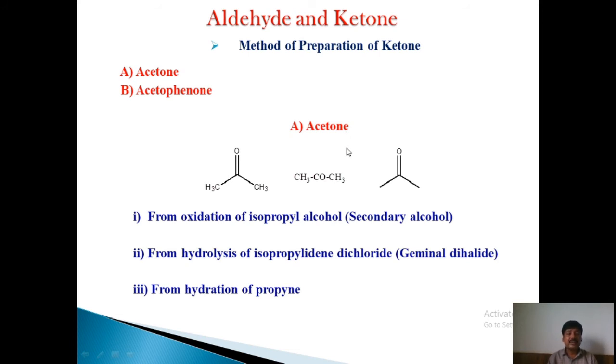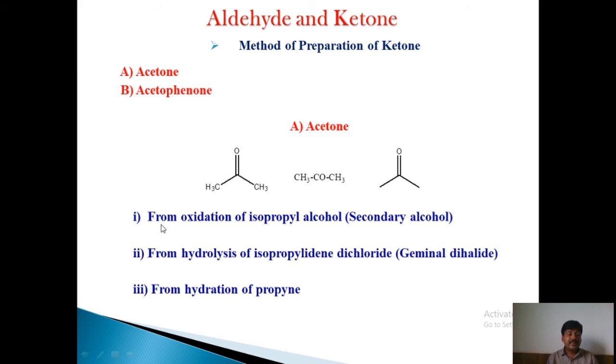Then in this slide we show the methods of preparation of ketones. In our syllabus, two ketones are given for study: one is acetone, another is acetophenone. We first see acetone. These three structures are acetone, that is CH3COCH3. Also we can write it like this, and this is the shorthand representation of acetone.